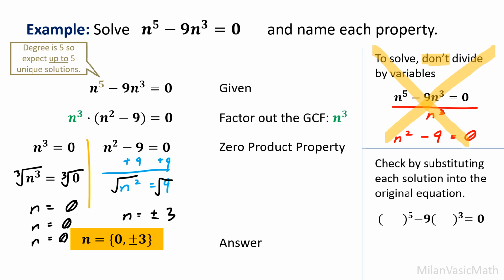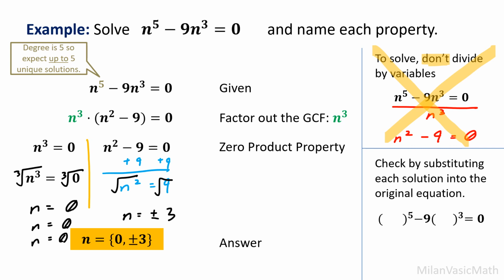And to check this, we could substitute each solution into the original equation. So 0 is very straightforward. If you substitute 0, you get 0 minus 0 equals 0, so it works out. And then you should do 3 and negative 3 on your own.